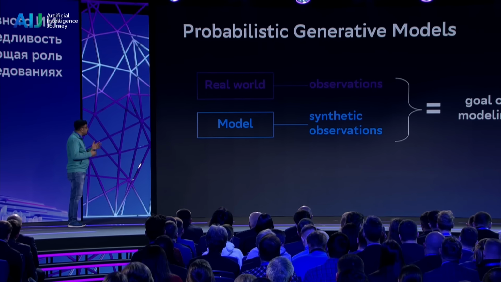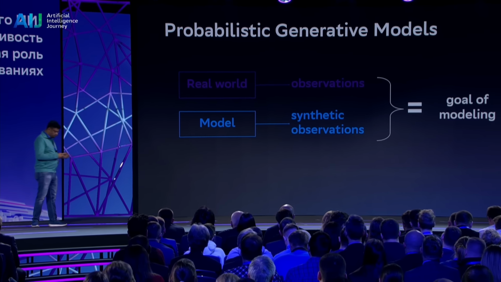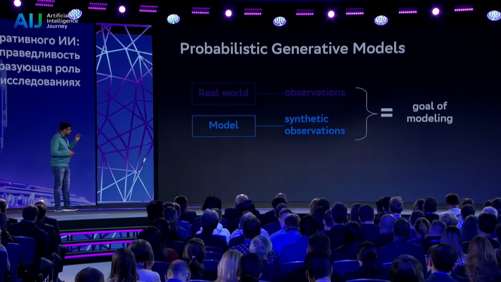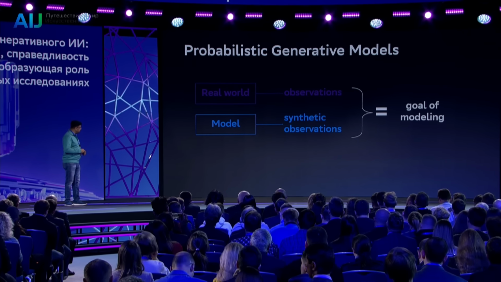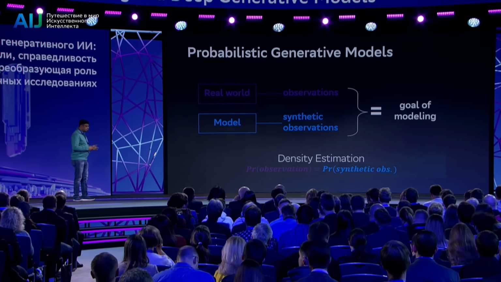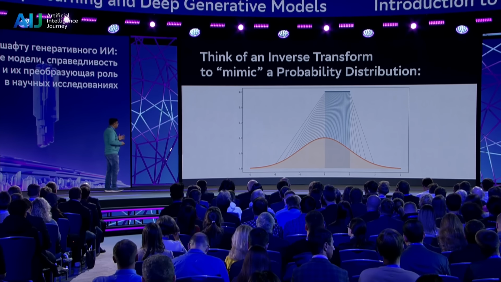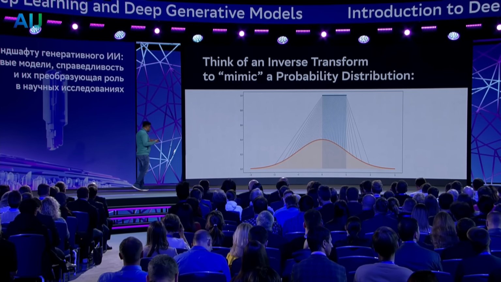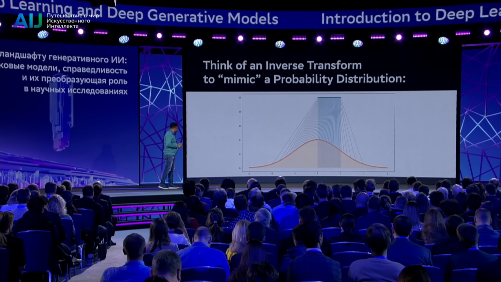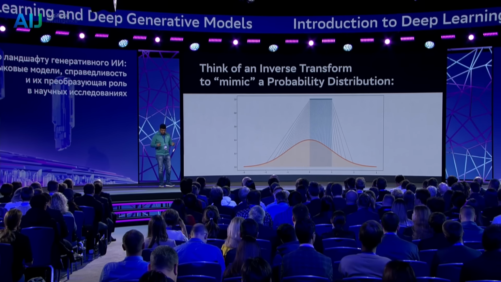That is the goal of any probabilistic generative modeling: that I should create a model of probabilistic inference from where the samples that I artificially create should match the real-world samples. And that is also the goal of classical density estimation. So we can think of this whole process of generative AI as transforming, like we do in all numerical methods.